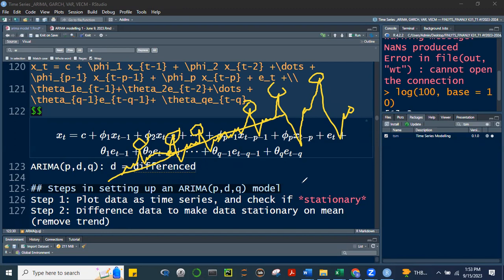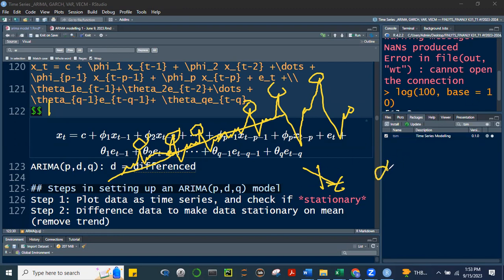And take note, class, once again, that when you difference your data, let's suppose your data is X. Our data is X. Then when we plotted our X, this is our X sub T. When we plotted our X sub T, we noticed that there was a trend.